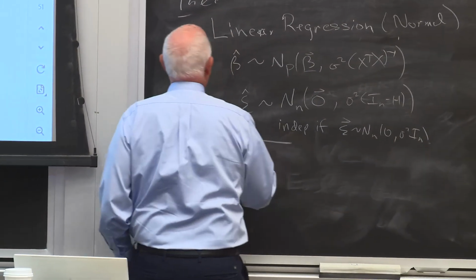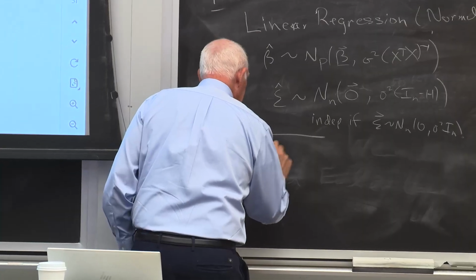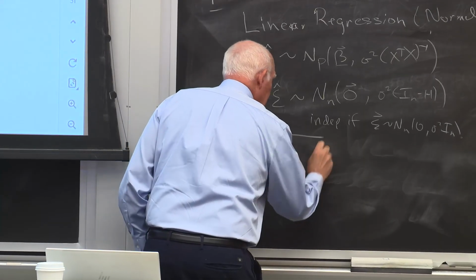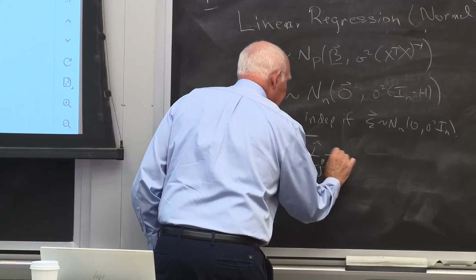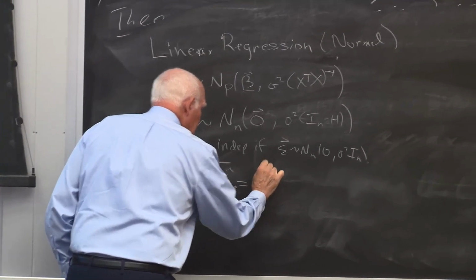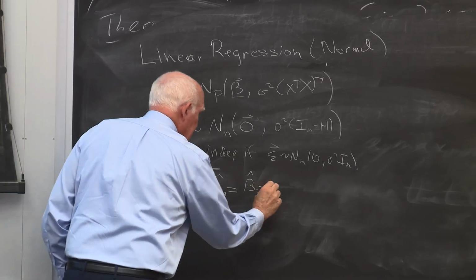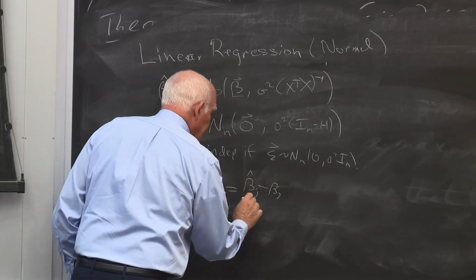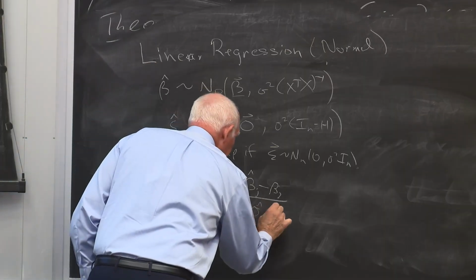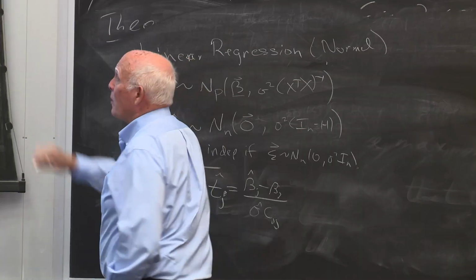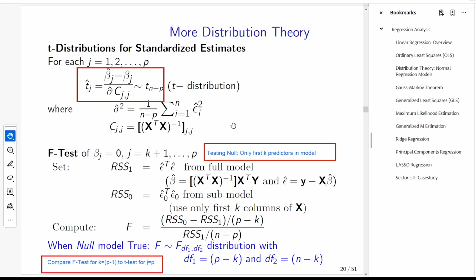So we have t-statistics for the jth component of the least squares estimate, so beta hat sub j minus beta j divided by sigma hat times c jj, where c jj is the jth diagonal entry of the inverse variance.